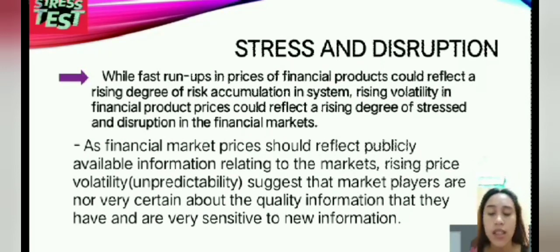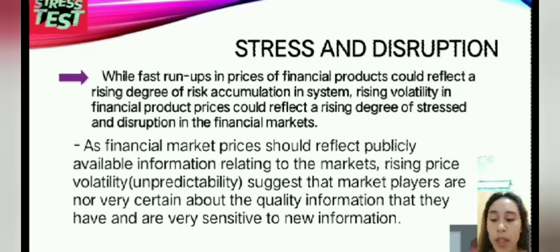Stress and disruption. While fast run-ups in prices of financial products could reflect a rising degree of risk accumulation in the system, rising volatility in financial product prices could reflect a rising degree of stress and disruption in the financial market.